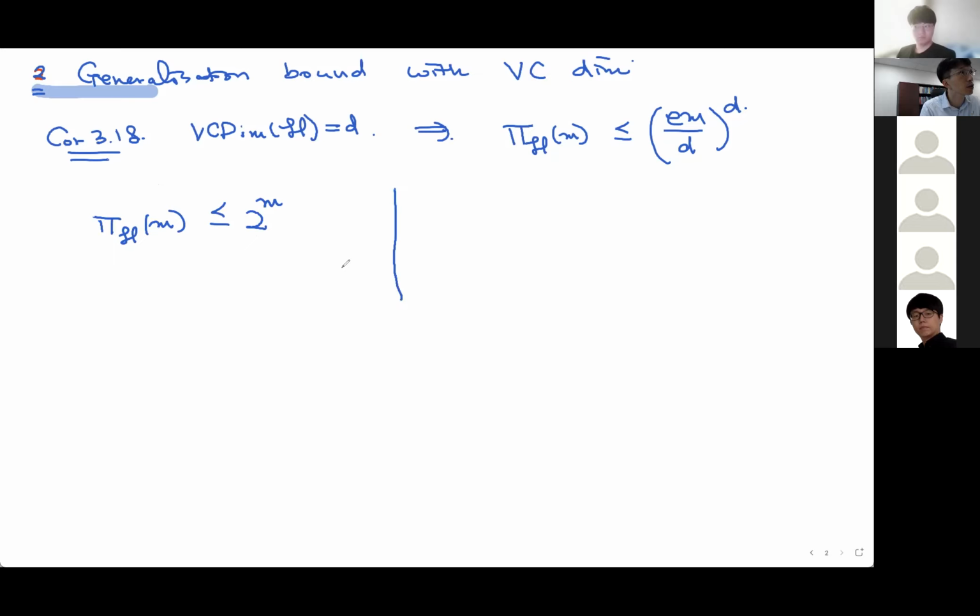By the definition of the VC dimension, up to the VC dimension d, the growth function follows this exponential function 2 to the m. It grows like an exponential function up to d.